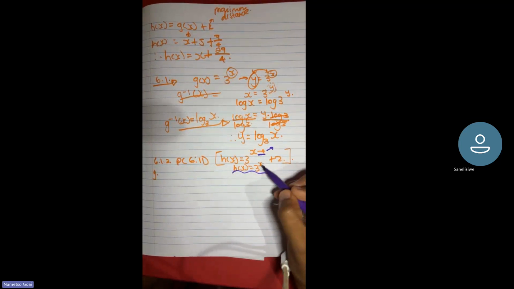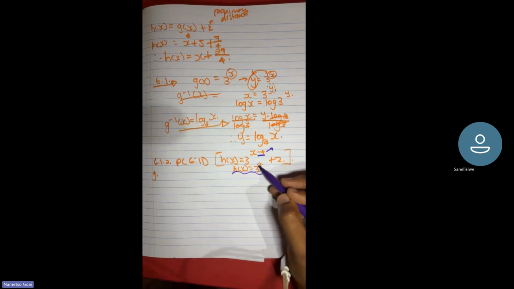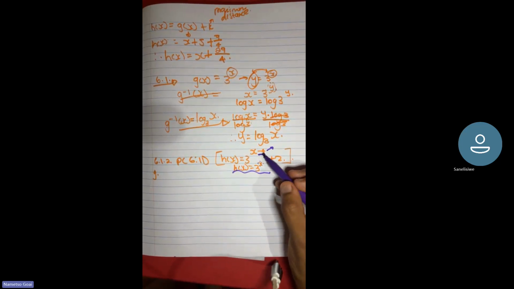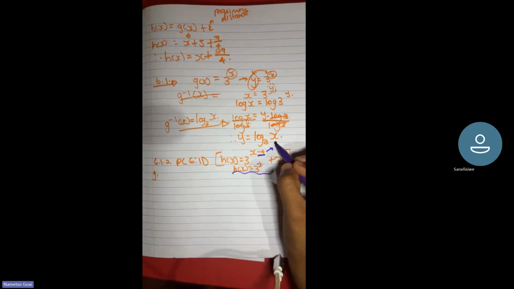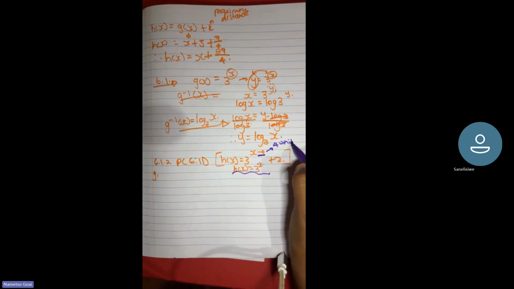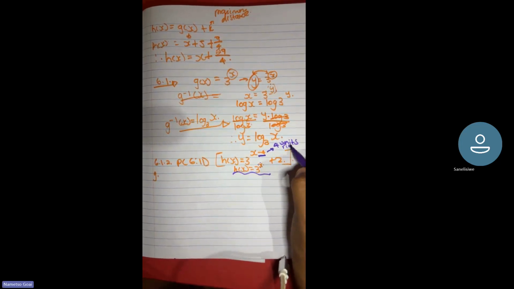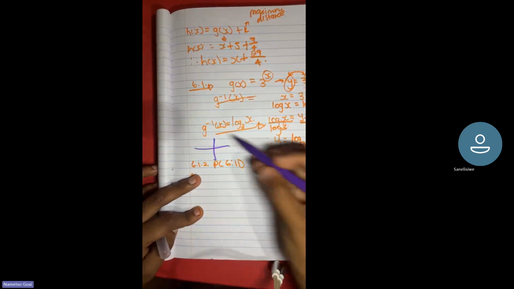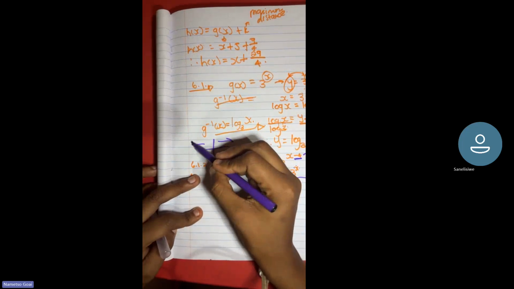So over here, because we know that an original exponential graph just has x, this negative 4 shows that it's been shifted 4 units right. So the exponent part shows a shift horizontally, one way or the other.